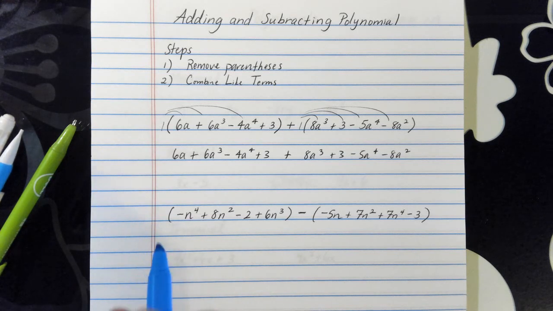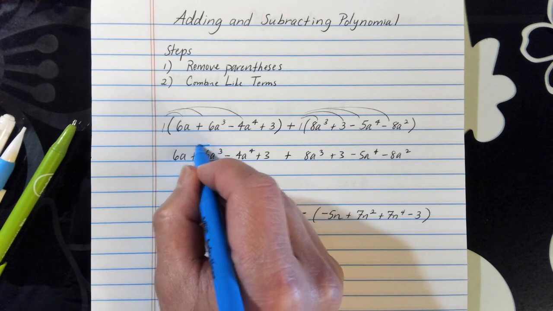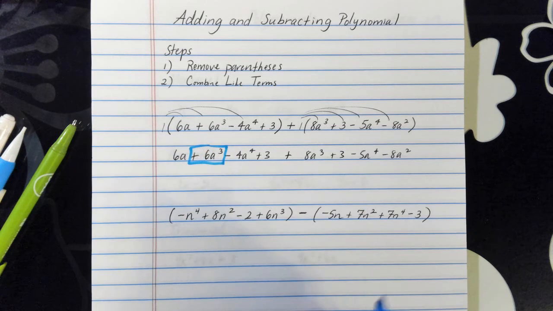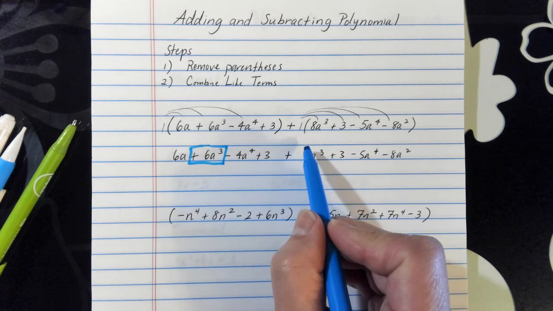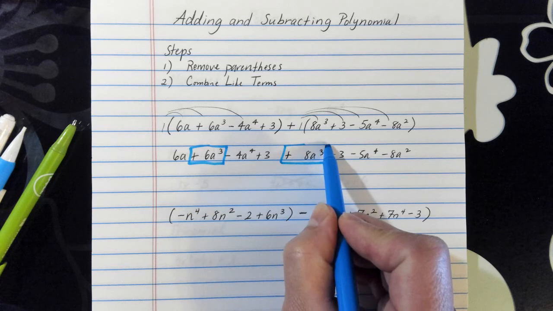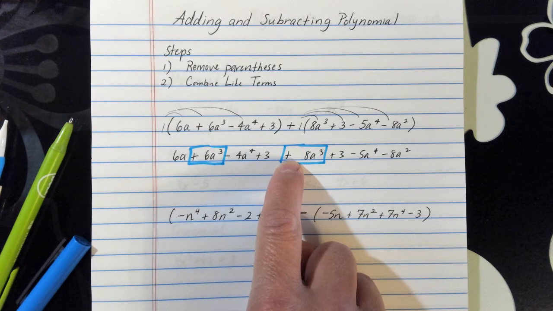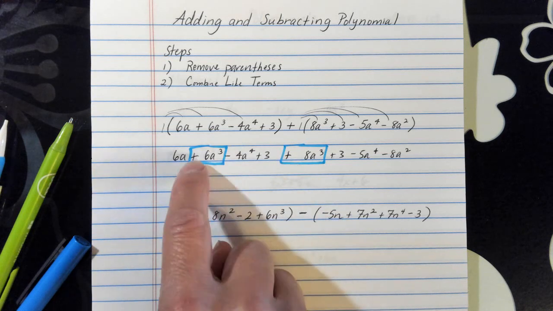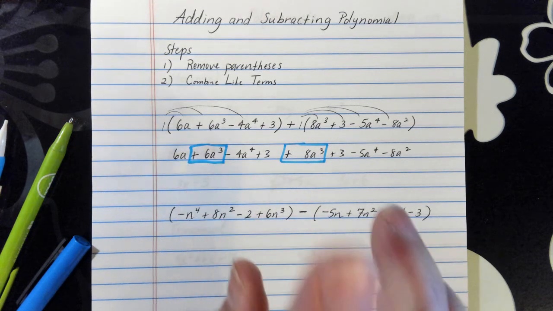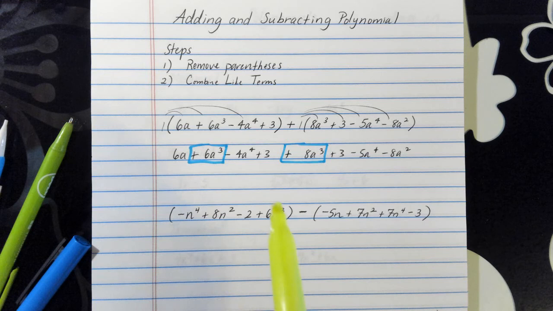So 6a cubed and 8a cubed, those are like terms. You definitely want to circle or highlight the sign in front of the term, because that is part of the term.